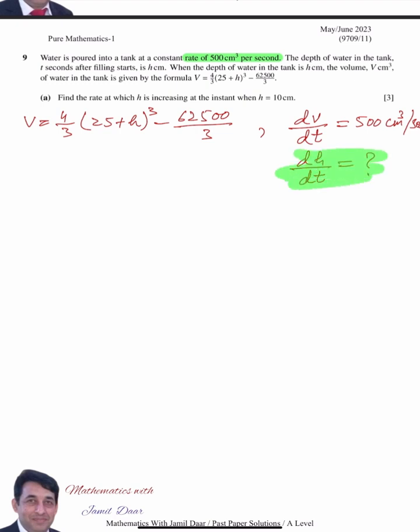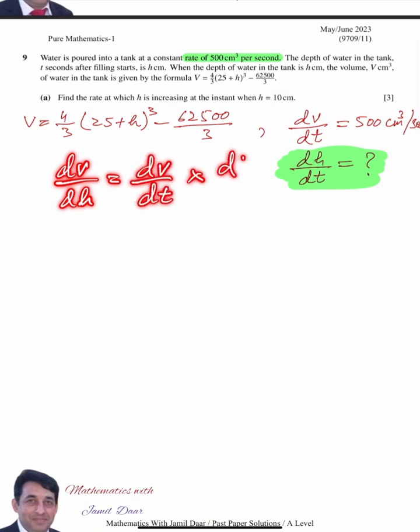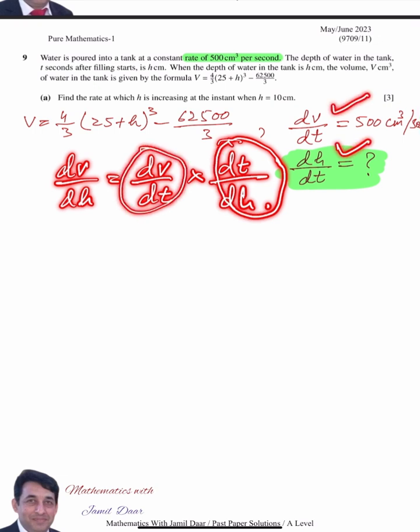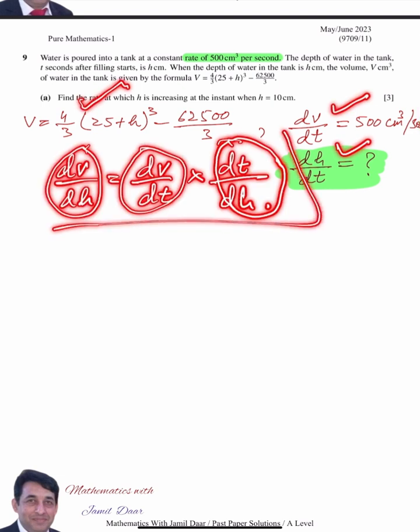We'll use the chain rule: dV over dh is equal to dV over dt into dt over dh. So this formula is in our mind. This one is given, and this one we can find through this. So we'll use this chain rule to solve this question.